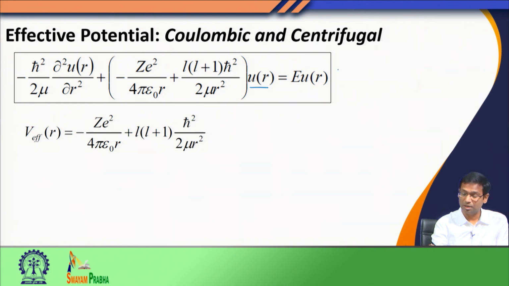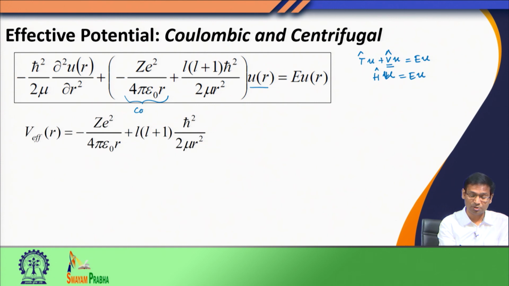So, this simply resembles T u plus V u equals E u, where this potential energy has got two terms. What are these two terms? The first term we already know, we have seen this. This is the Coulomb potential minus z e square divided by 4 pi epsilon 0.